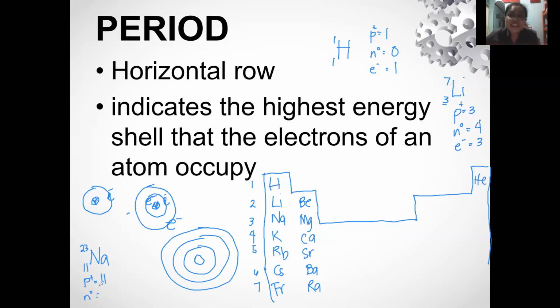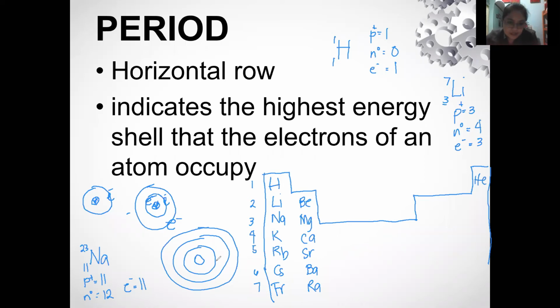And then, 23 minus 11, 12 neutrons. And then, since wala itong charge, meron din siyang 11 electrons. Okay, let us continue. Again, si sodium merong 11 electrons.